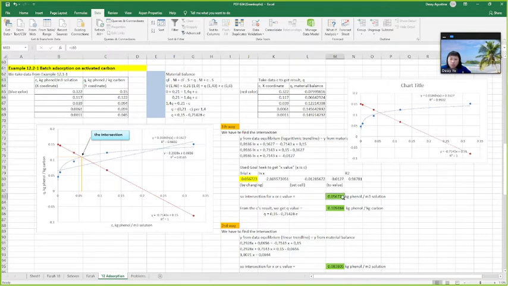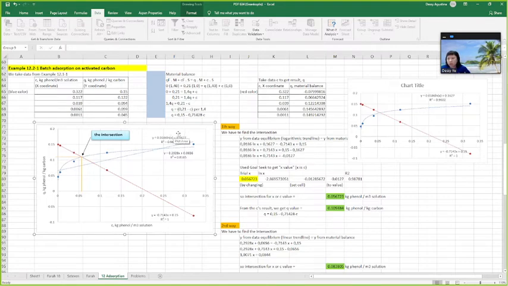After we get the value of the C variable, we can put the value of C into this equation from the material balance, or this other equation.